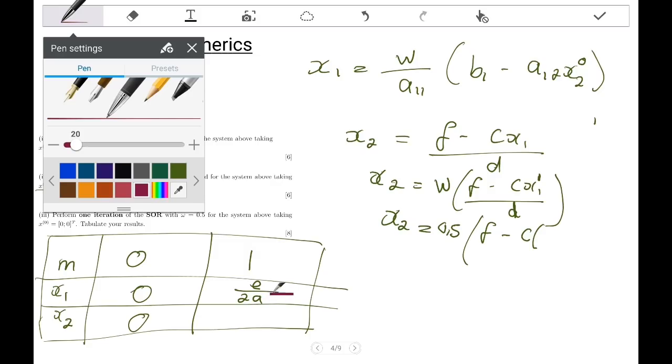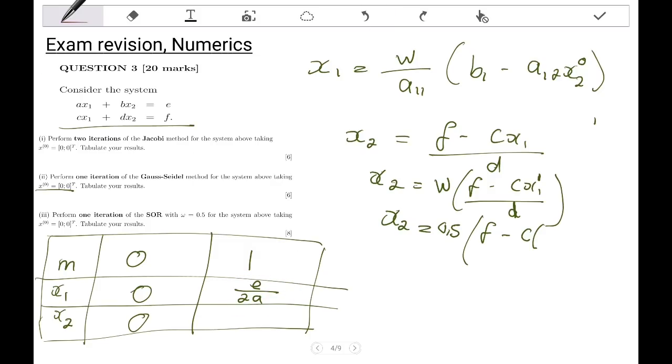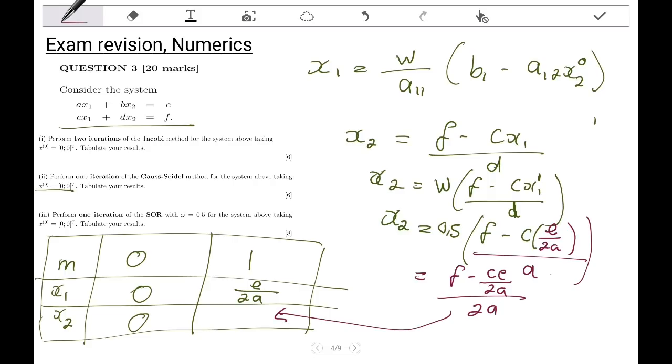So what we calculated here, our x1, since we're using the recent one, is going to be e divided by 2a, all of it divided by d. So you are going to have something like this: f minus c e over 2a, all divided by d. That's our answer. So this answer is for x2, the first iteration. I don't have enough space, but it belongs to this space here.